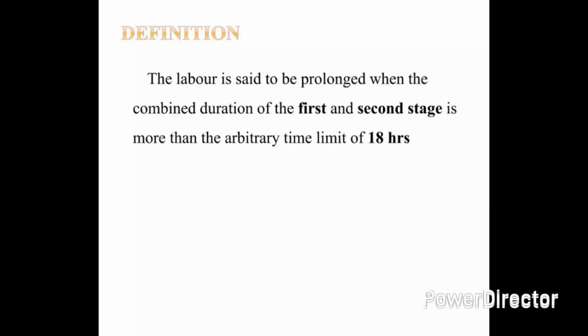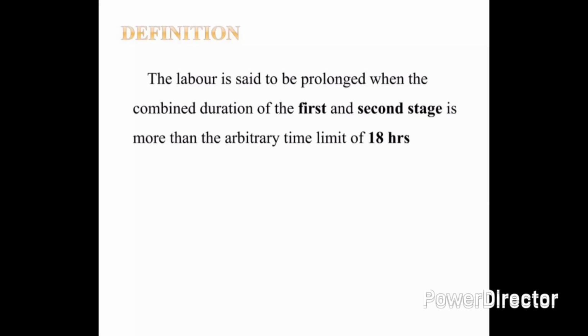Normal labor is characterized by regular uterine contractions with effacement and dilatation of the cervix with fetal descent. There may be variations in prolonged labor, which may take more than 18 hours.